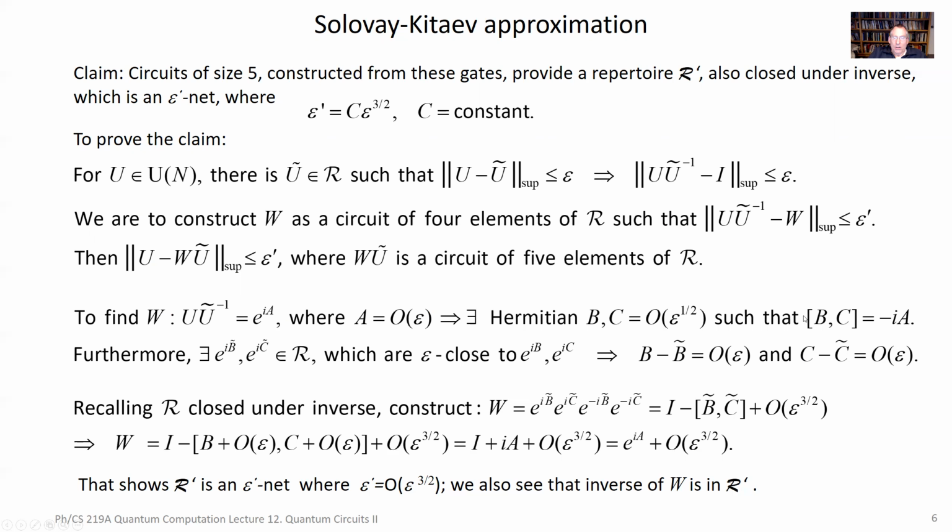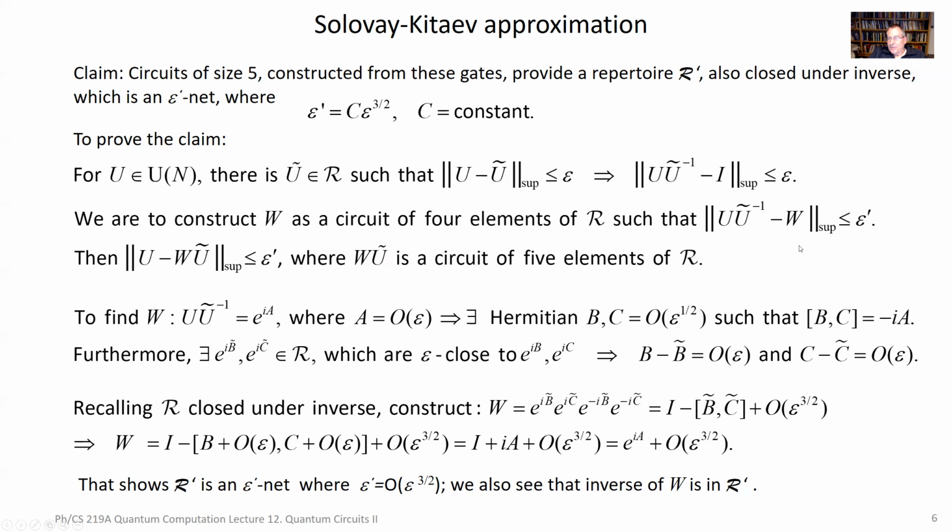So this is my goal. If I achieve that goal, then I have this. But now W U tilde is something I know how to construct. U tilde was in the original repertoire. W is going to be a product of 4 elements of the repertoire. So W U tilde is a circuit of 5 elements in the repertoire. So that's what I wanted to show.